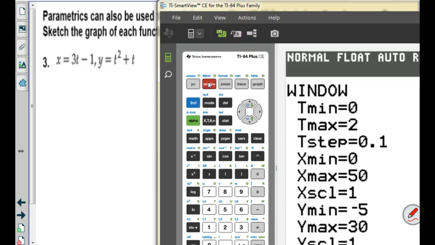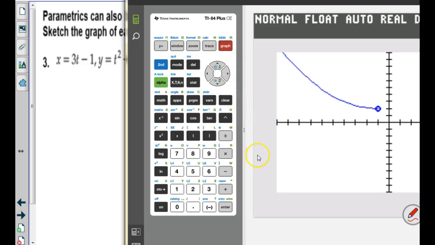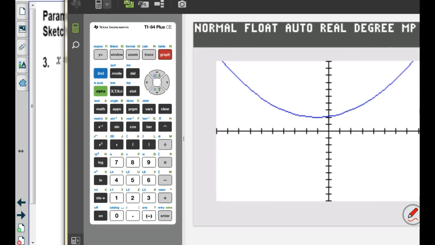So if I go to my window, I'm going to do like -5 to 5 for t. And then I'm going to make this like -10 to 10 and -10 to 10. I don't know if this is going to work or not. Nice. Everybody get a piece of a parabola?